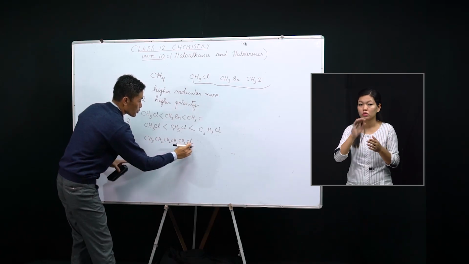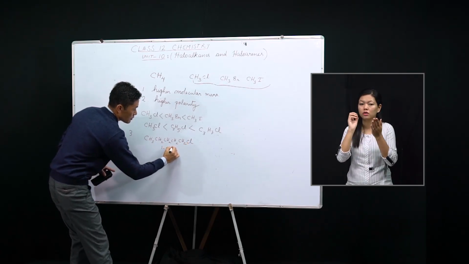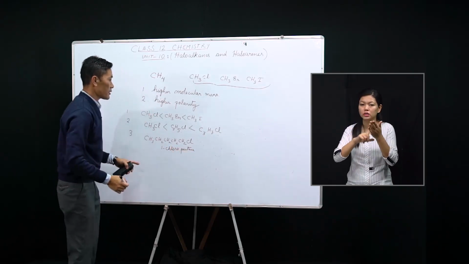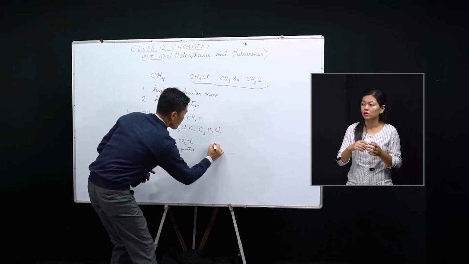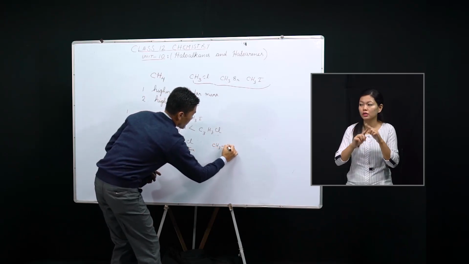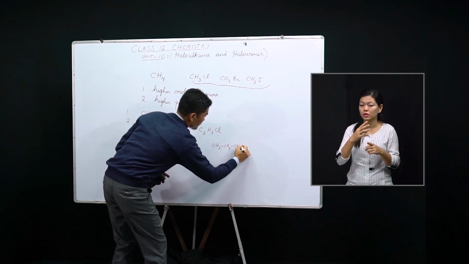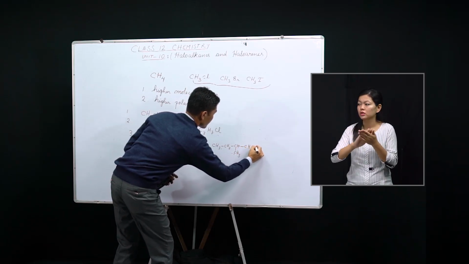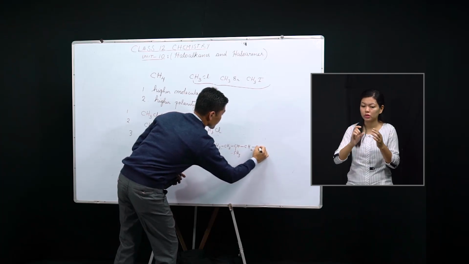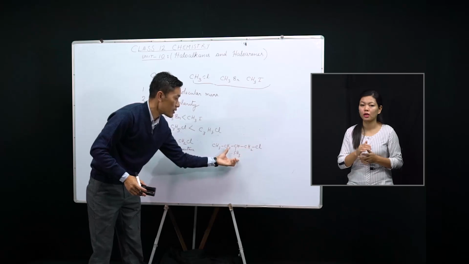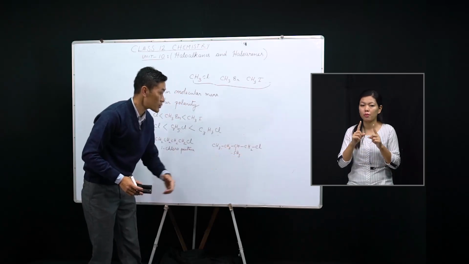So this will be 1-chloropentane. Then we take another compound. Here also we have 5 carbon atoms, but here branching has taken place, branching on one side.